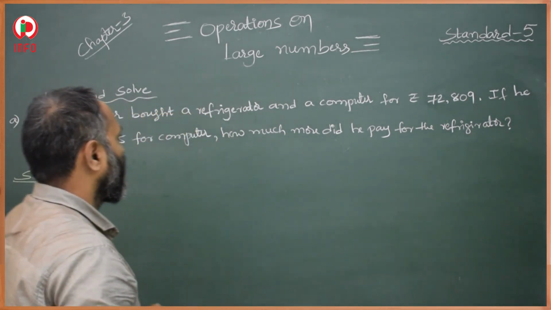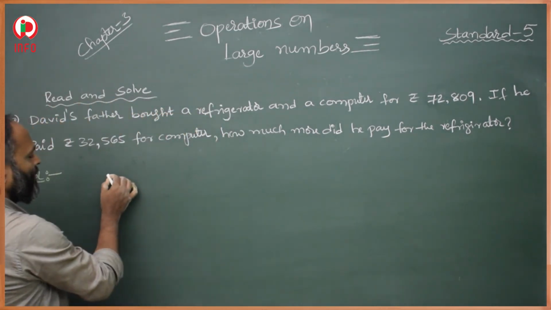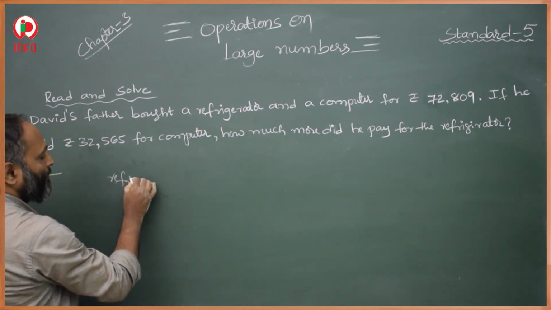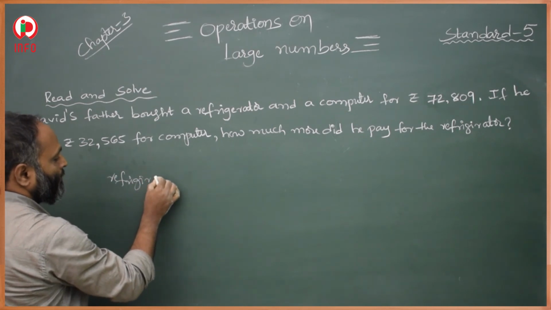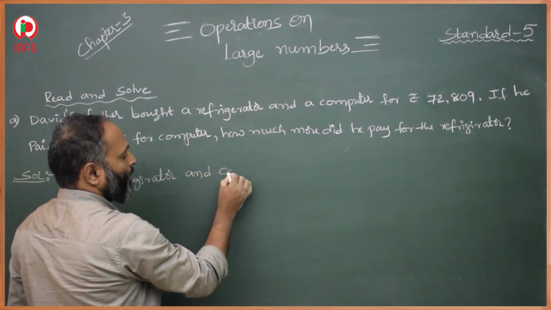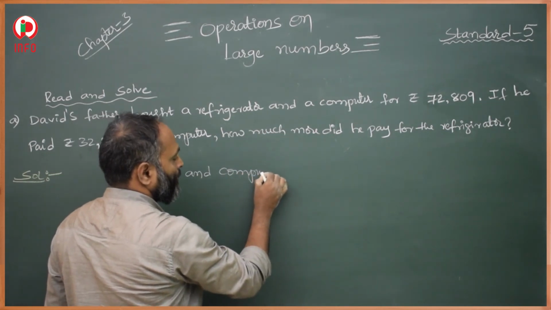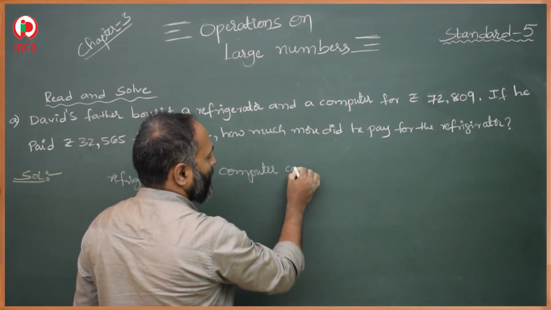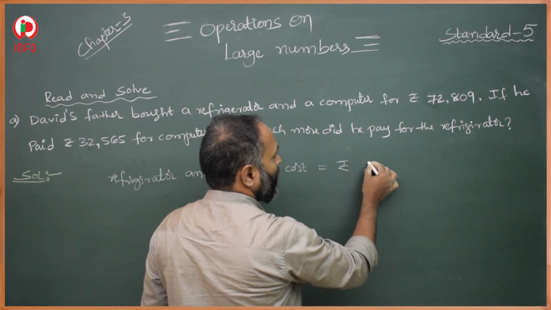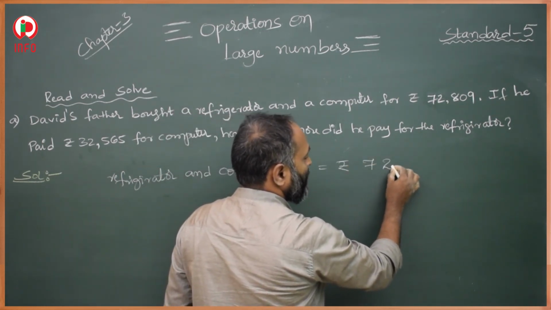So then here, the cost of the refrigerator and computer is equal to rupees 72,809.